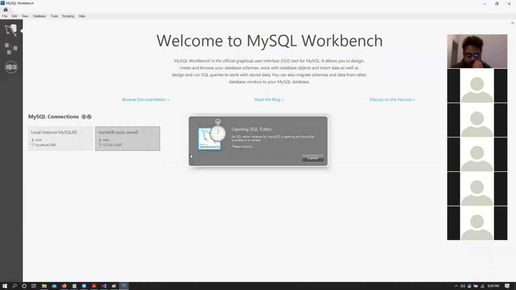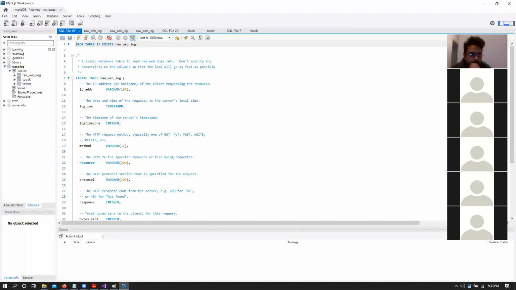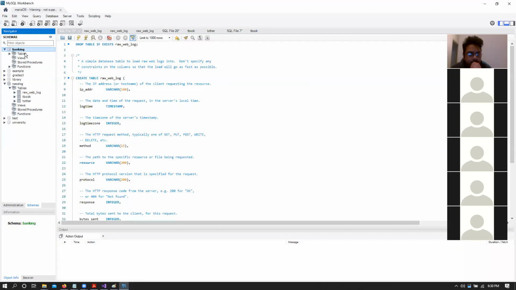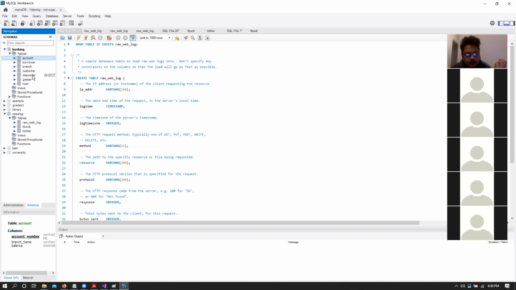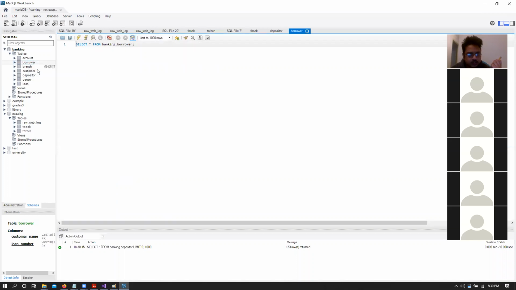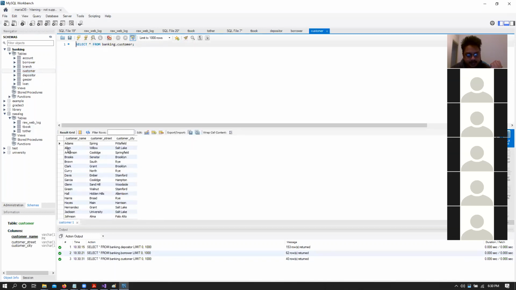Okay, it's here. So you see that we had an account table, we had a customer table, we had a borrower table, right? And a depositor table. The depositor table was essentially the customer name and the account number. The borrower table was, I believe, the loan number and the customer name. Oh, right. We had a borrower table, a customer table, and the loan table, right? So we had a customer table that had details of the customer.